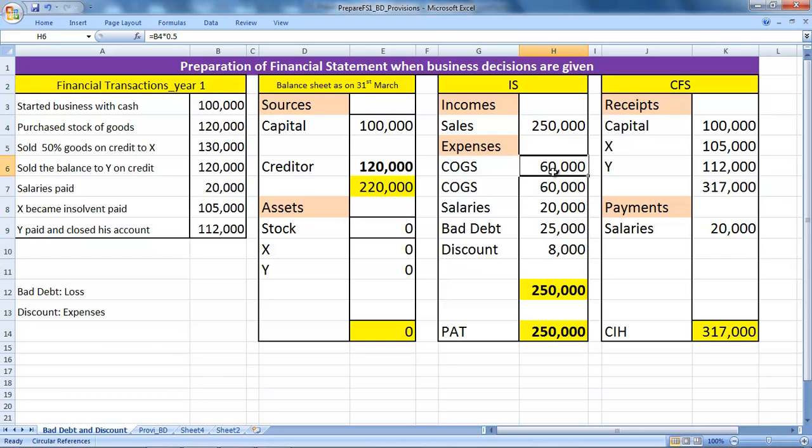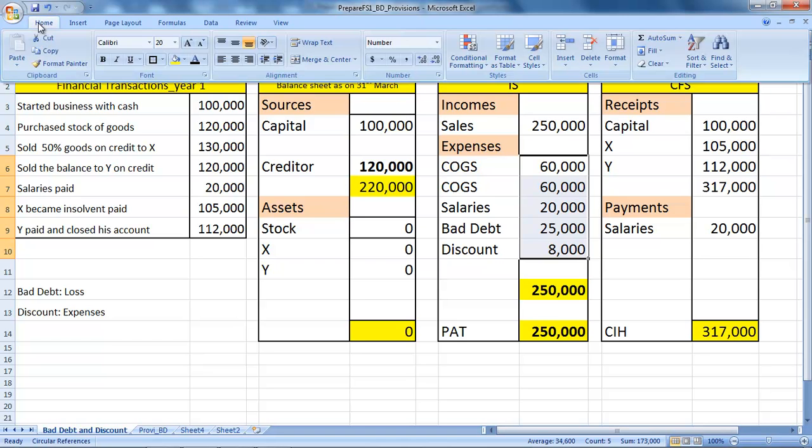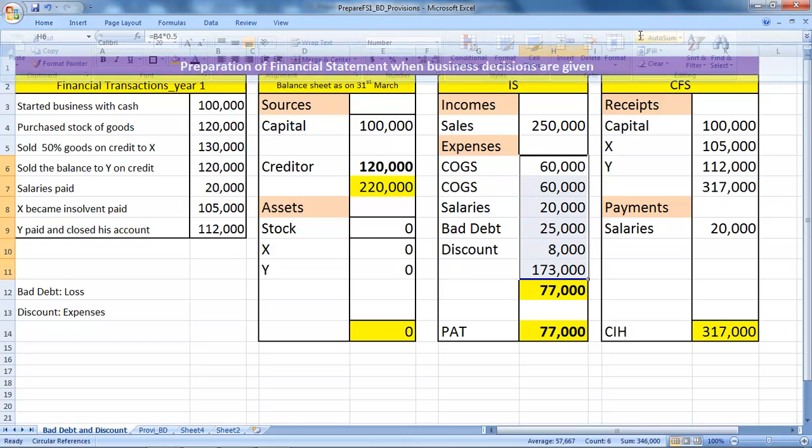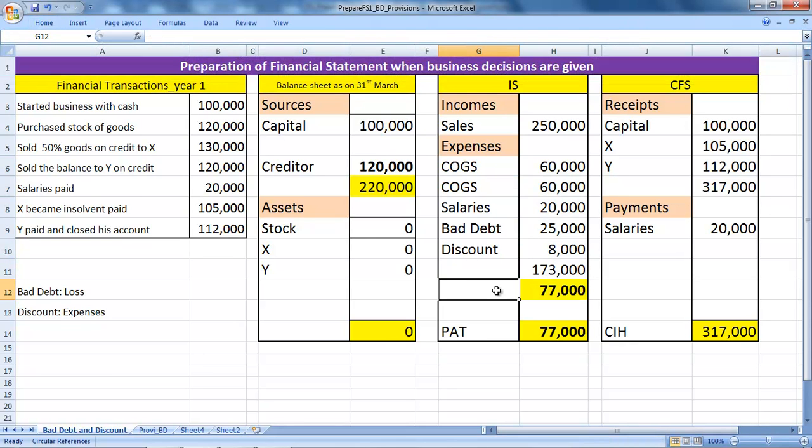The profit will be sales minus the expenses. So the profit before tax, PBT, is 77,000. So tax, we'll assume 30%.